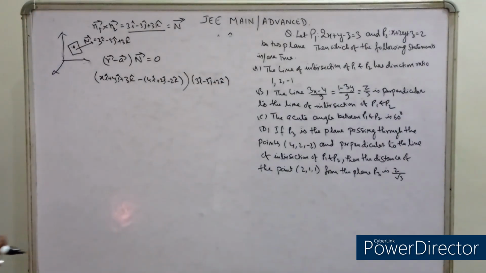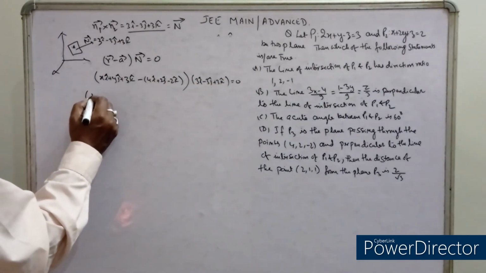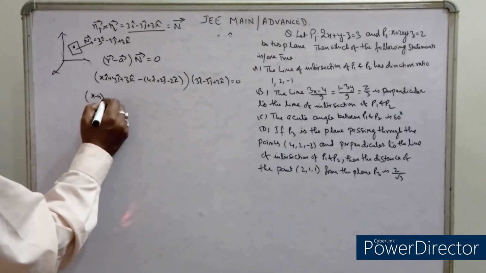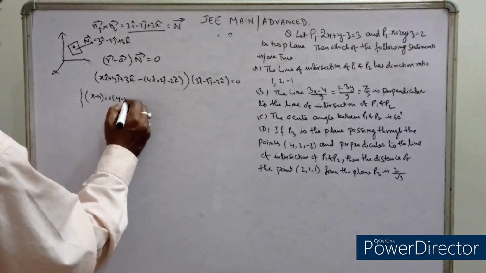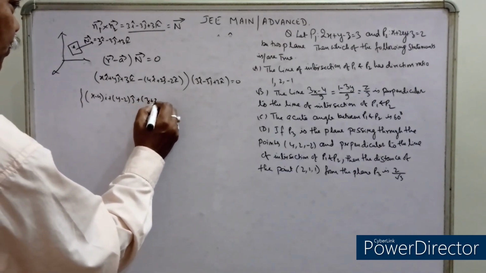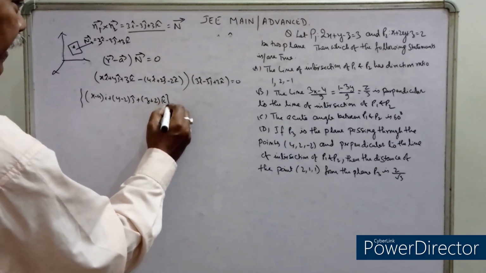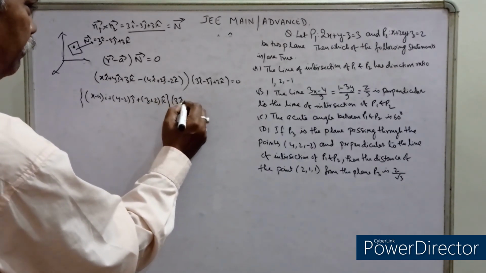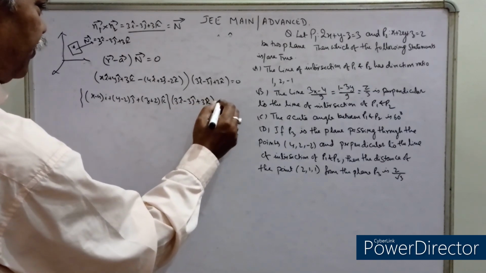So this equation comes out to be (x minus 4) i cap and (y minus 2) j cap and (z plus 2) k cap dot 3 i cap minus 3 j cap plus 3 k cap equal to 0.